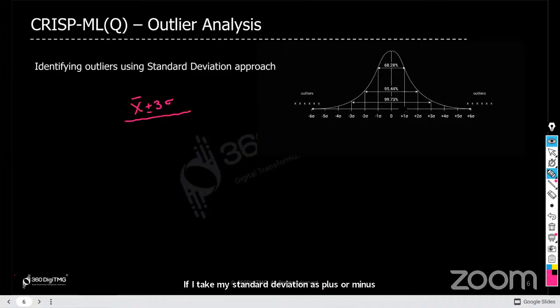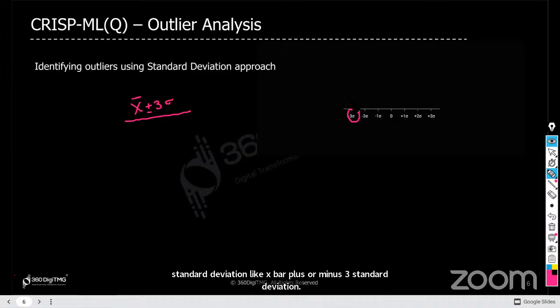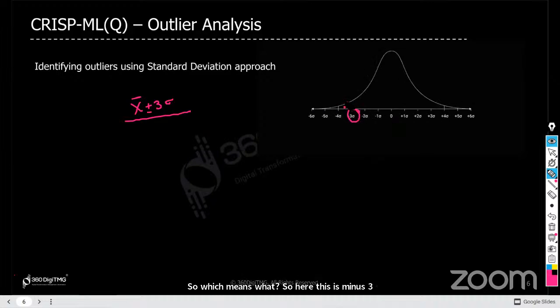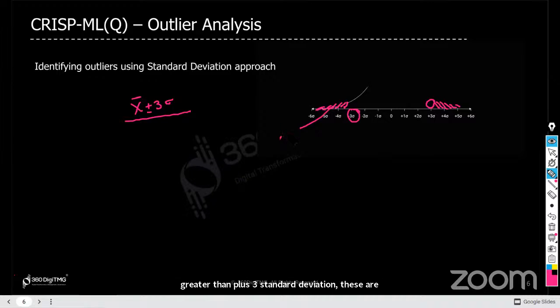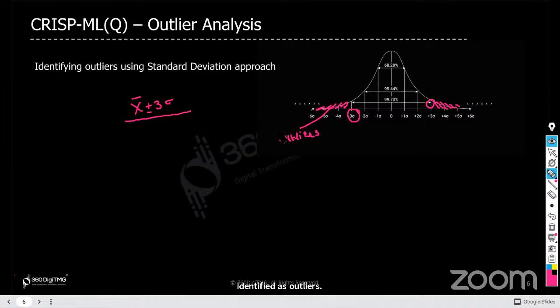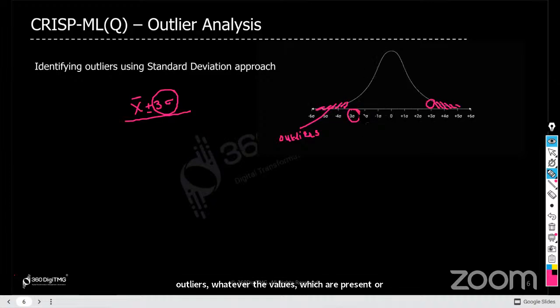Whatever values are less than minus 3 standard deviation and whatever values are greater than plus 3 standard deviation are identified as outliers.